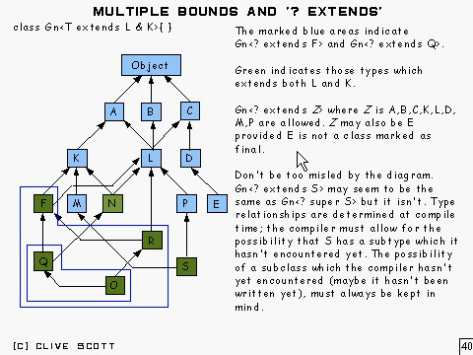Okay, so what about when Z was E? Then there's a bit more you have to think about, because with Gn of something that extends E, if E is marked as being final, then the compiler knows that there are going to be no subtypes of E, and so it gives a compiler error.